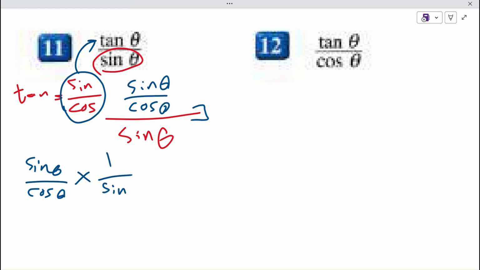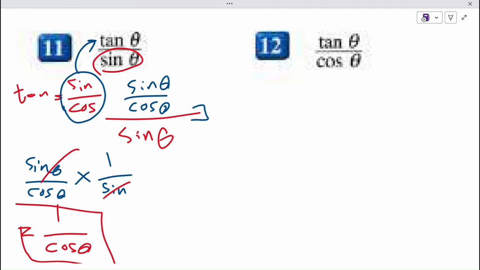Our question is equal to 1 over cosine theta. Okay, what about this one? Again, we have the same idea. Instead of tan, we will write sine theta over cosine theta, all over cosine theta here.